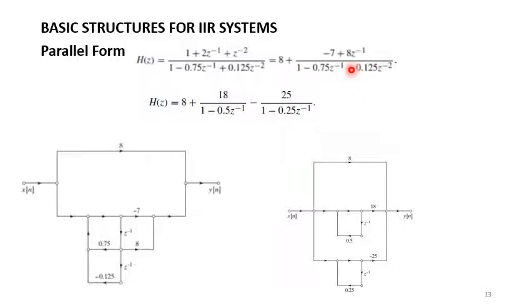Because this is plus, it should be negative in the formula. So if it is not plus negative here, that means this is basically minus scaling. So you have delay 1 unit and minus scaling by 0.125. So these are your poles, and then we come to the zeros.